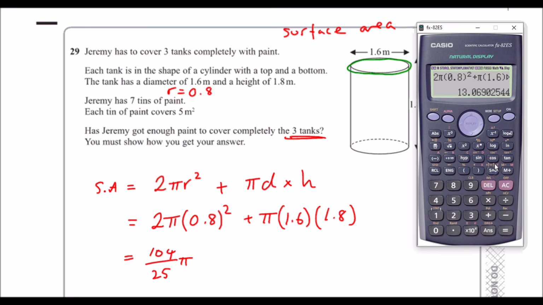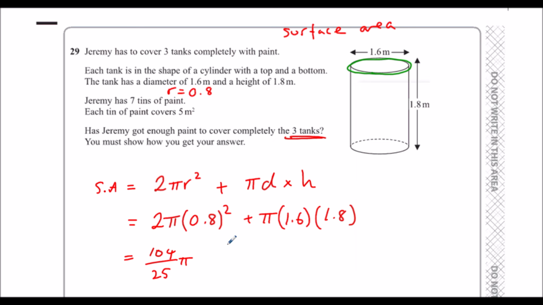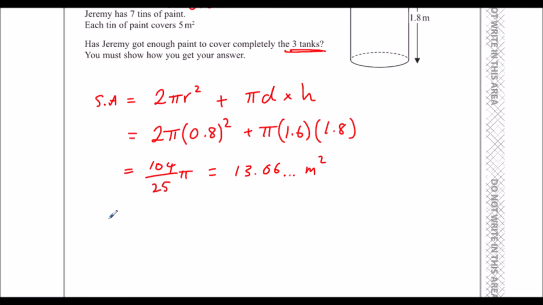Or if we want a decimal, 13.06 and so on meters squared. So that's the surface area of one tank. The 2 circles added to the curved bit. We need 3 tanks.